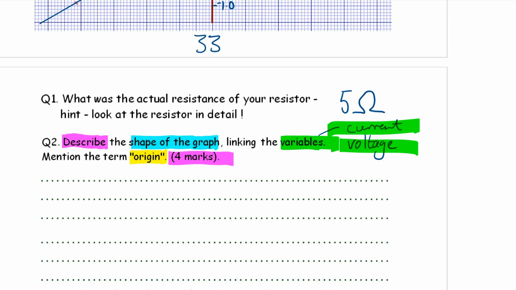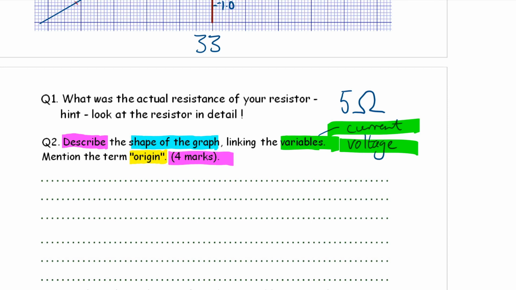To get the 4 marks, probably 1 mark for describing the shape of the graph, 2 marks for describing the relationship between the voltage and the current, and 1 mark for saying that it goes through the origin. So this could be a type of answer. The shape of the graph is a straight line going through the origin.